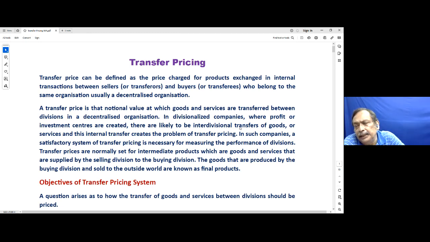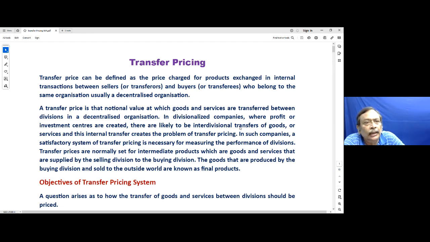Now this transfer pricing definitely starts from transfer. That means when there is an internal transfer between two divisions in a company, say division A and division B, where A is transferring goods or services to the other division B, then the question comes, at what price the transfer should be made so that the divisional objectives will be fulfilled.